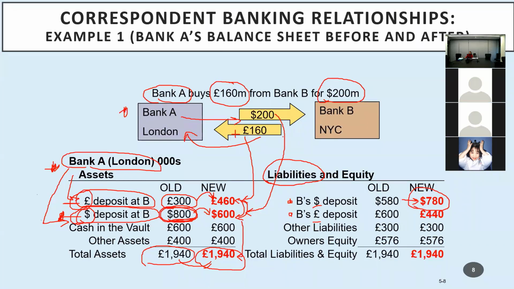In exchange, because Bank B pays Bank A 160 million pounds, the liability in the pounds would reduce by that amount. So we used to owe them 600 million pounds. Now we only owe them 440. So similar to before, because we are just converting one currency to another, there is no change in our liability side.